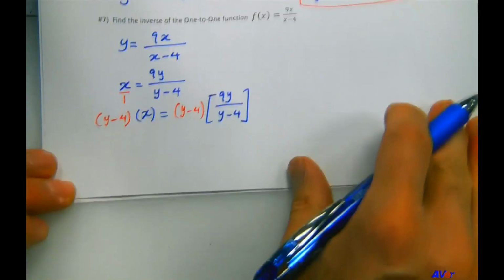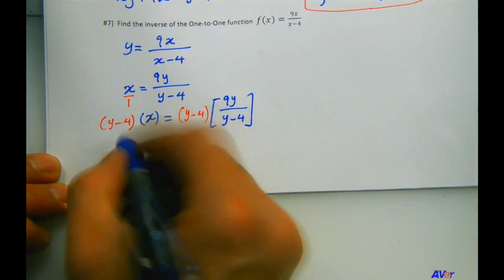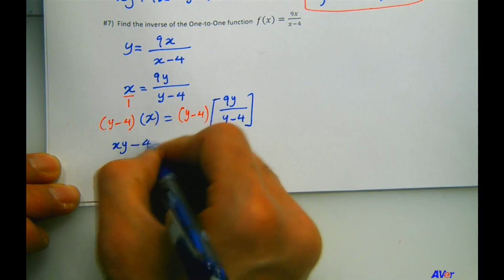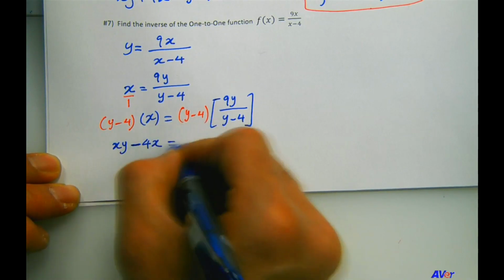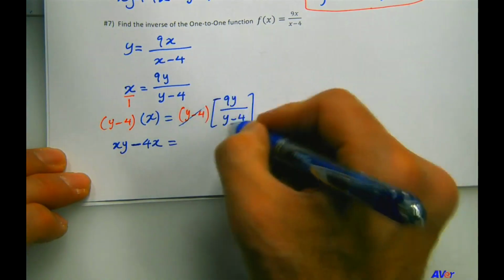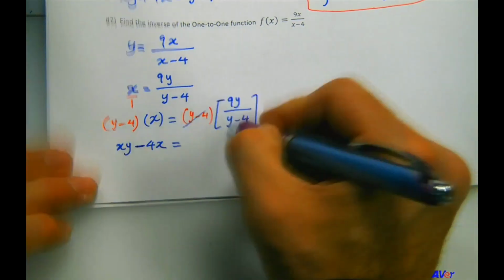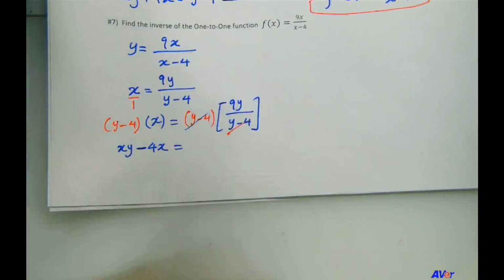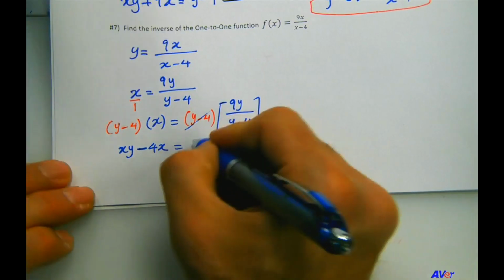Okay? And then on this side, we have xy minus 4x. On that side, the y minus 4 and y minus 4 cancel out because this is being multiplied by that fraction. So on the right, we end up with 9y.